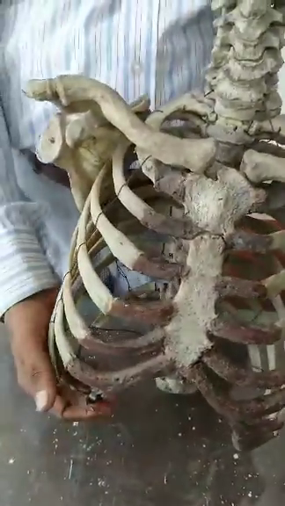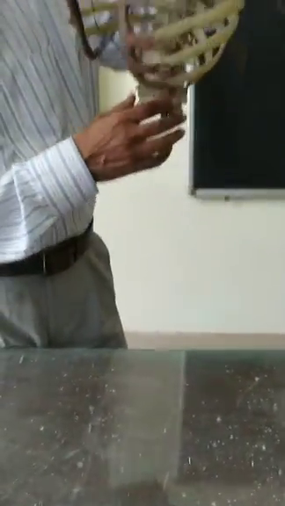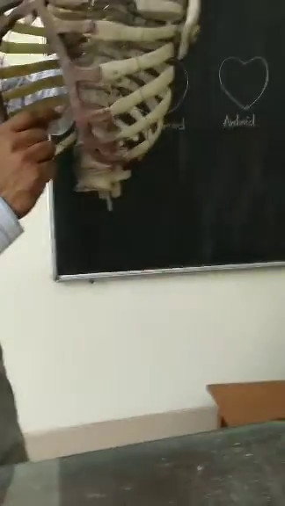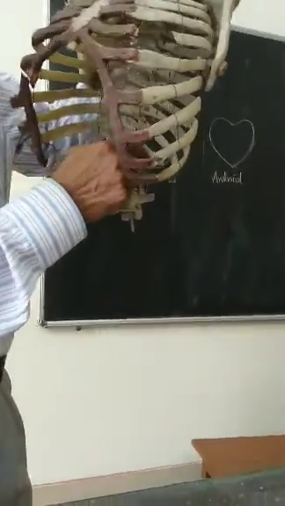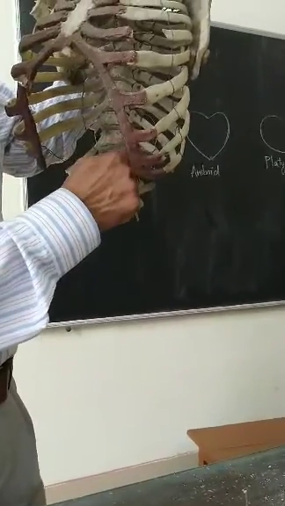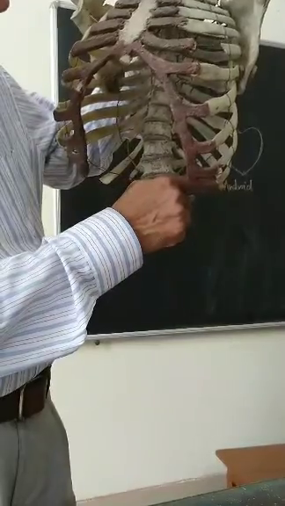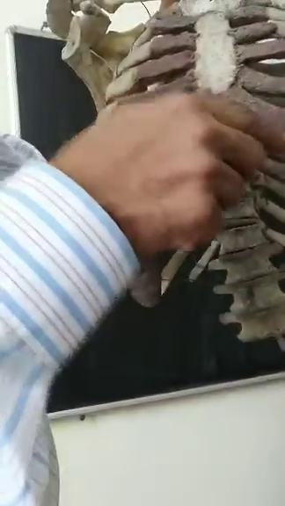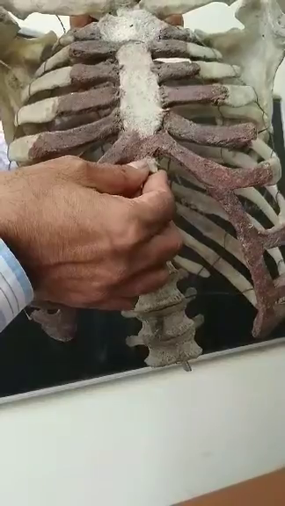Now come to the inferior aperture. The inferior aperture is much larger than the superior aperture. Here you see the last thoracic vertebra, that is 12th thoracic vertebra. Then 12th rib, 11th rib, and then 10th rib, and this is the costal arch. In front it is the xiphoid process.